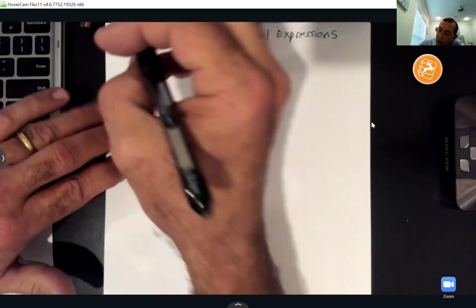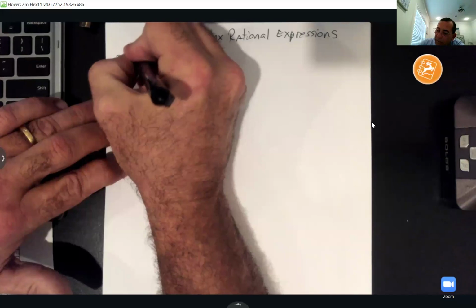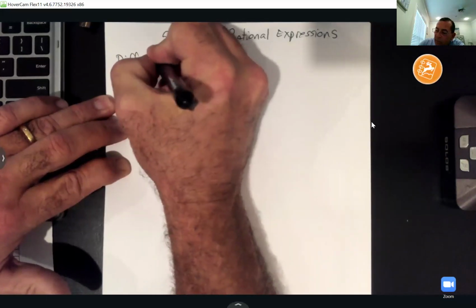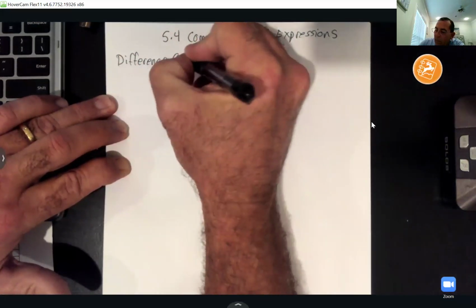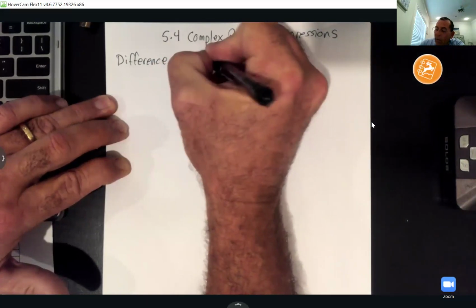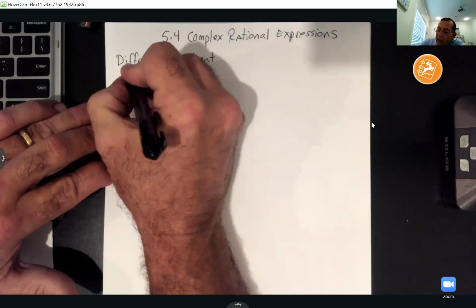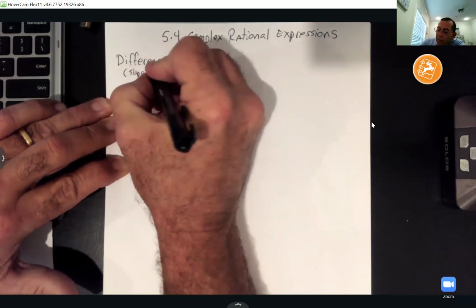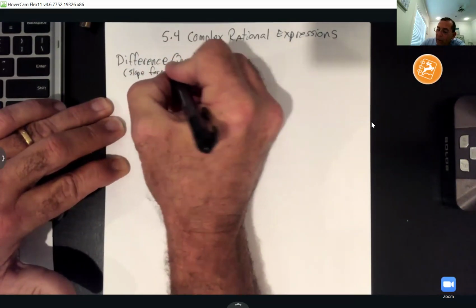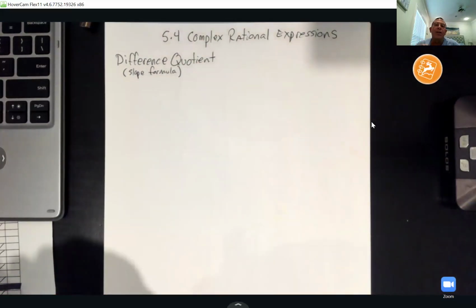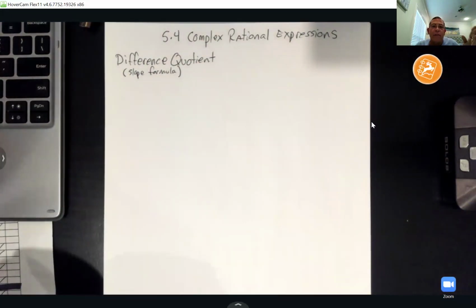And this is what we call the difference quotient. And this difference quotient is basically a slope formula. But I can use this slope formula for curvy lines, straight lines, and all that fun stuff, okay?